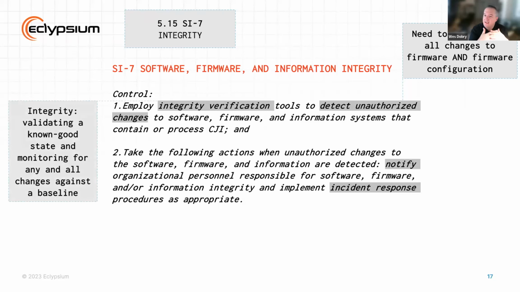And they've also used a new term here: integrity verification. And integrity, I like to simplify and say, that is understanding and validating a known good state and monitoring for any and all changes against baseline. So this is ultimately where, when we start to look at what they're asking for here, we need to be able to understand what's changed. And then after it has changed, verifying that it's still known good.